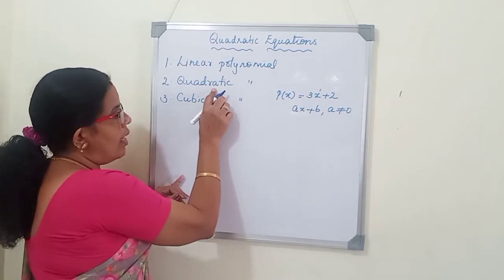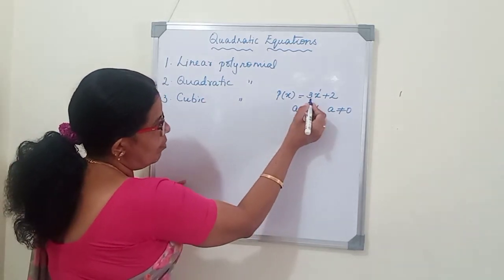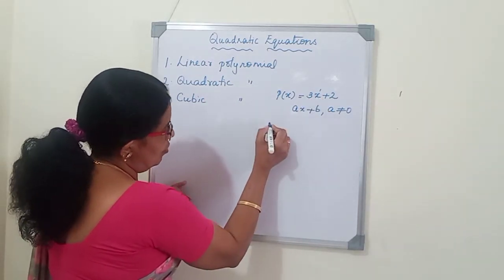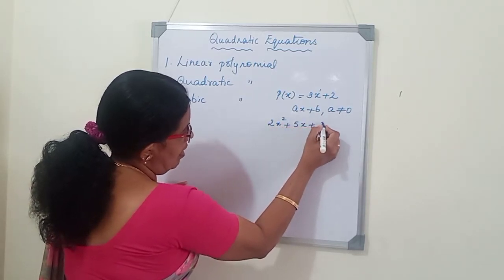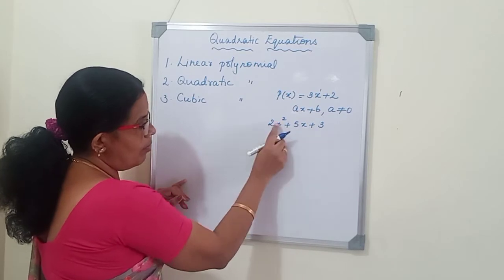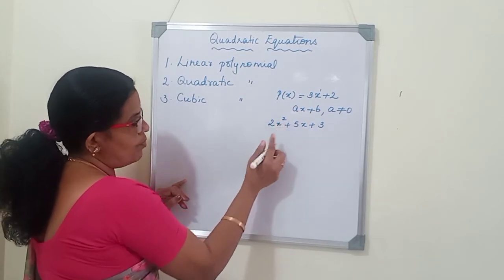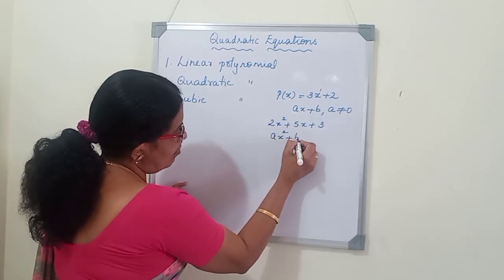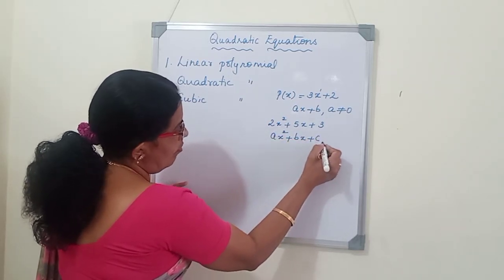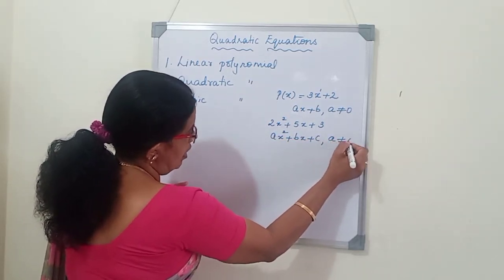Then, what is a quadratic polynomial? Quadratic polynomial means the degree will be 2. For example, 2x square plus 5x plus 3 is a quadratic polynomial. The degree is 2. The general form of a quadratic polynomial is ax square plus bx plus c, where a is not equal to 0.